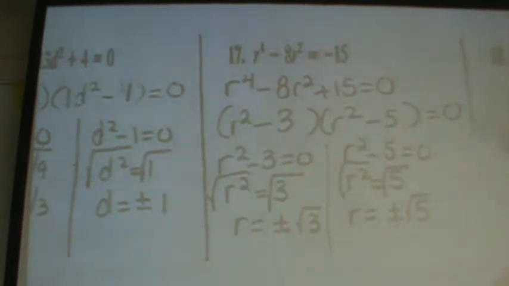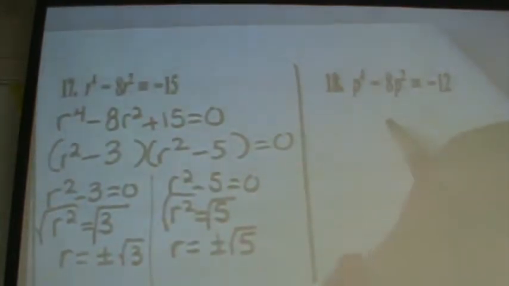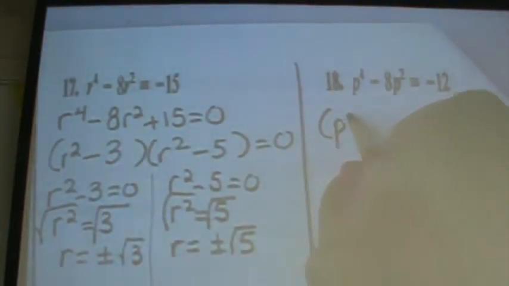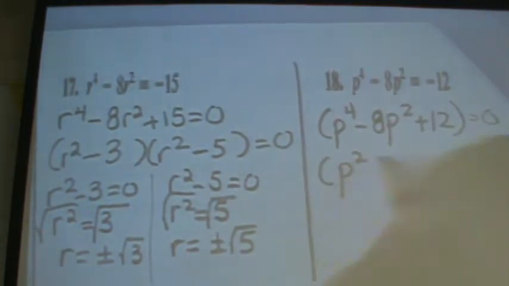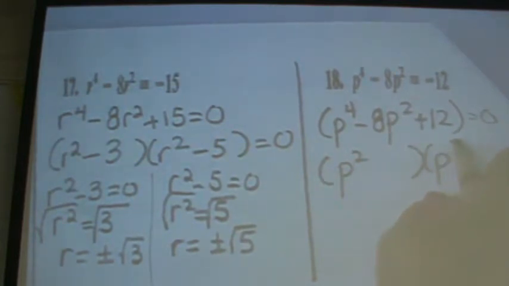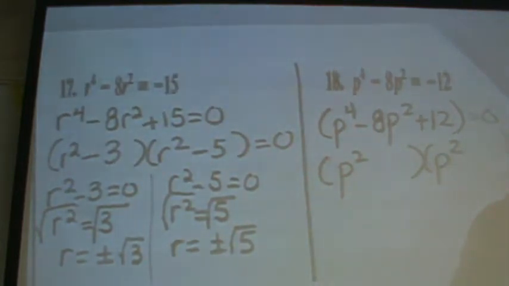And the last one, number 18, P. First we want to set it equal to 0. And then factor this. So what two numbers multiply to give you 12?